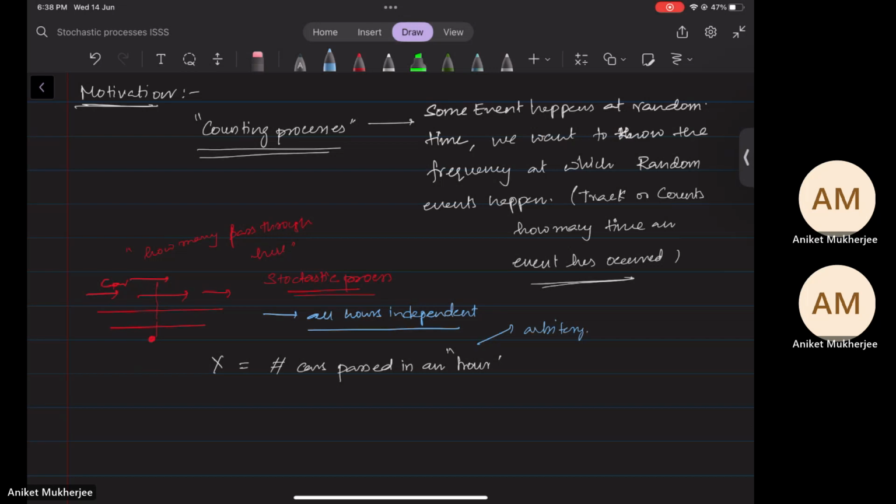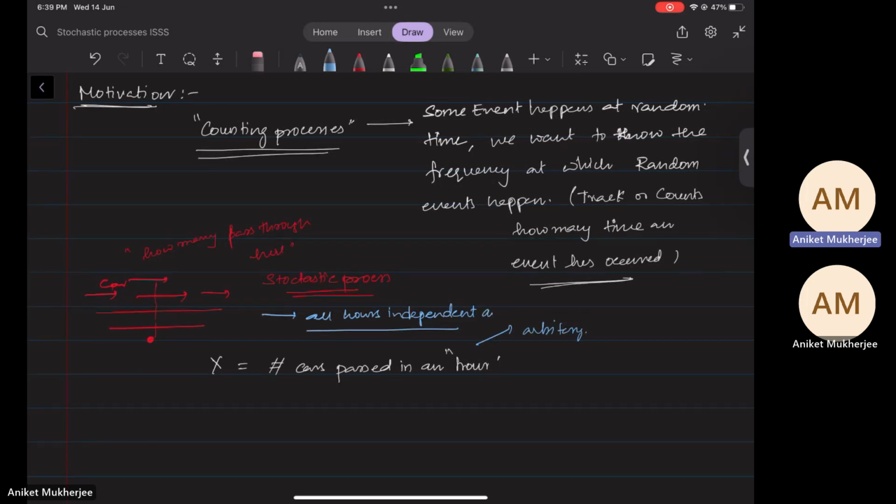So any hour is no different than any other hour, which obviously is not true while modeling real life systems, but we take an assumption that all hours are independent and identical. So it doesn't matter at what hour you're watching. If you watch for an hour multiple number of times, both will give you the same statistical results.